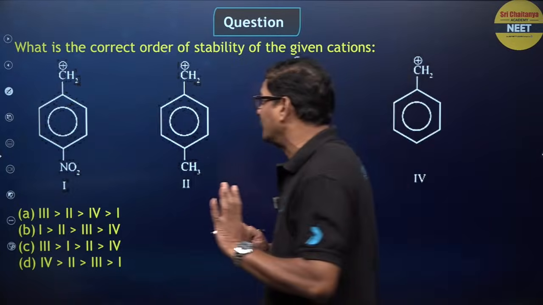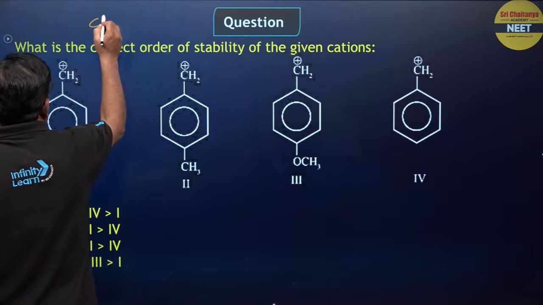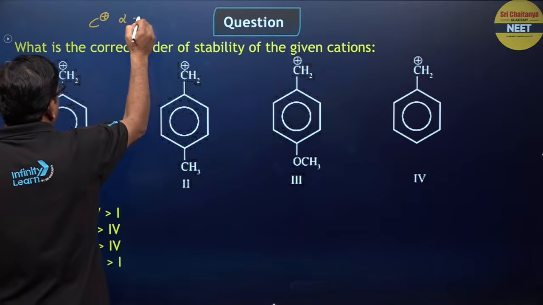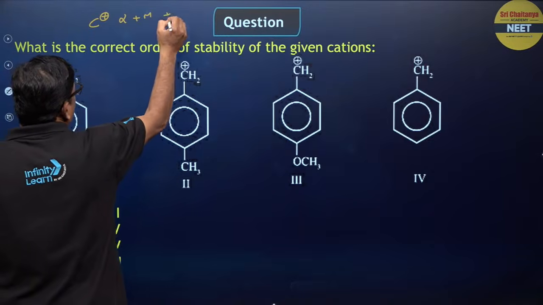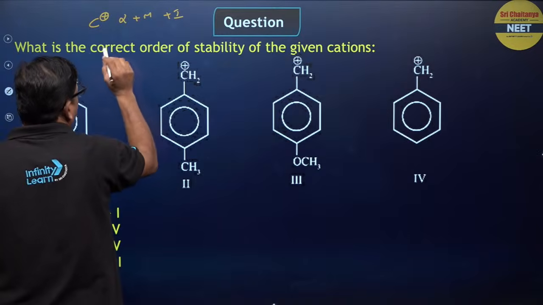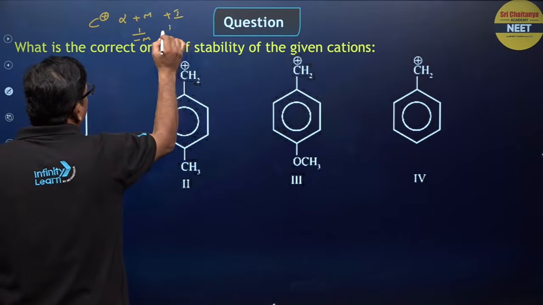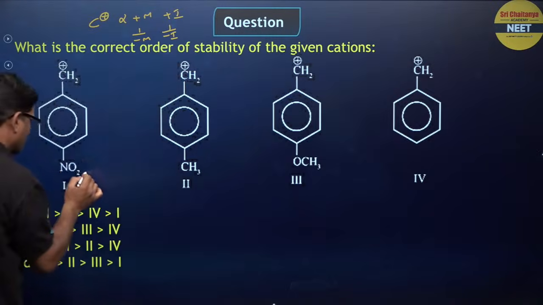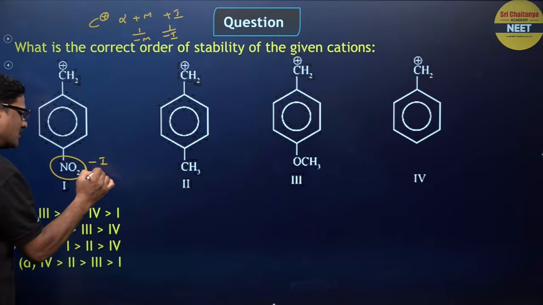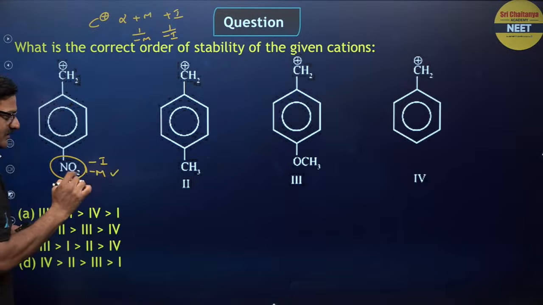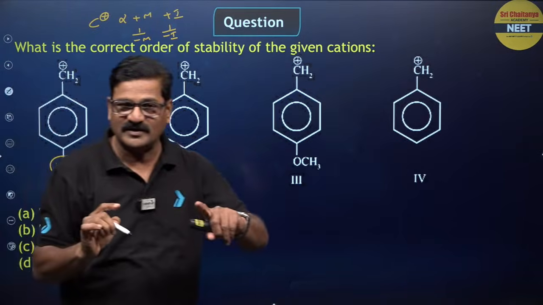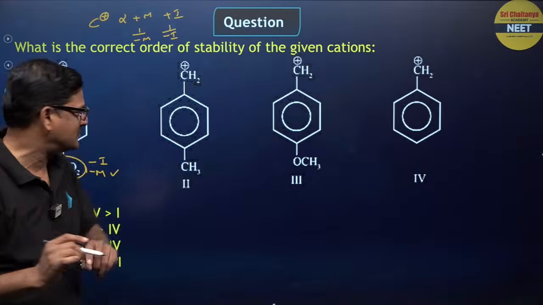Now, the stability of a carbocation is directly proportional to positive mesomeric effect and positive inductive effect, and inversely proportional to negative mesomeric effect and negative inductive effect. Between mesomeric effect and inductive effect, the mesomeric effect is more effective.